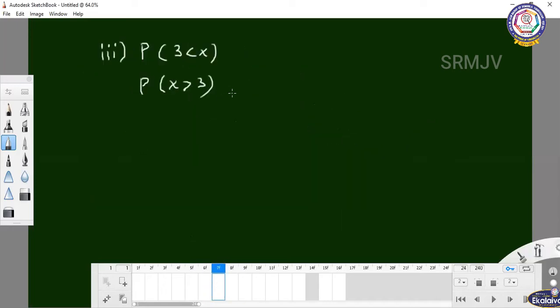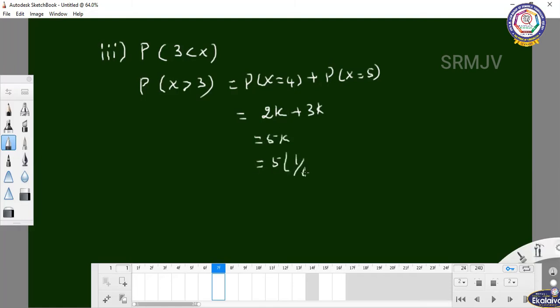So P of x greater than 3 equals P of x equal to 4 plus P of x equal to 5, which is 2k plus 3k, that is 5k. What is the k value? K is 1 by 6. So the answer is 5 by 6.